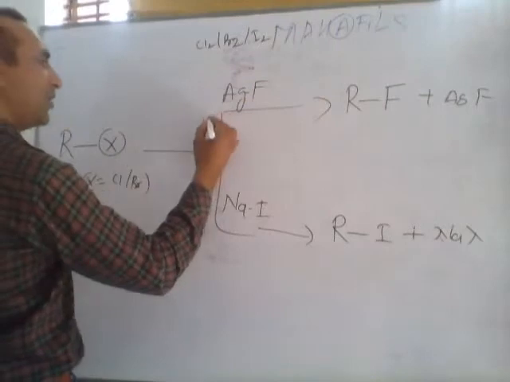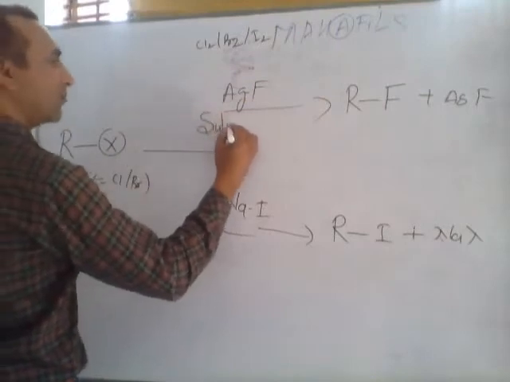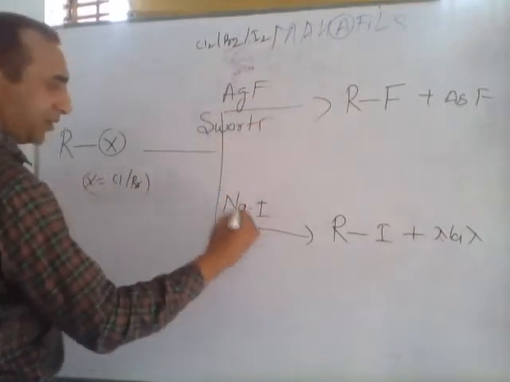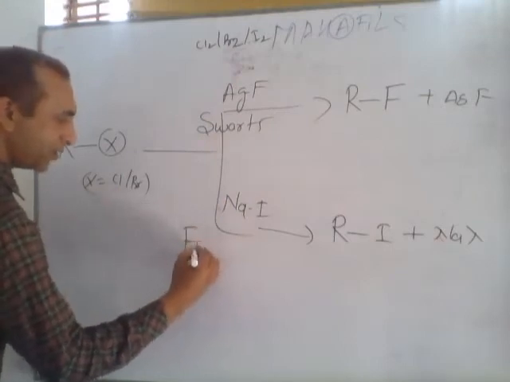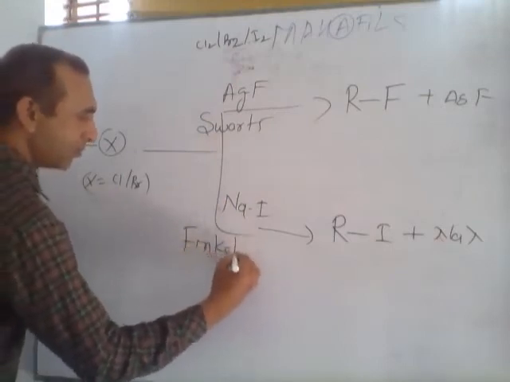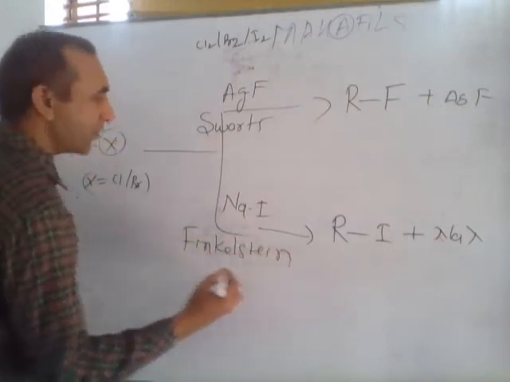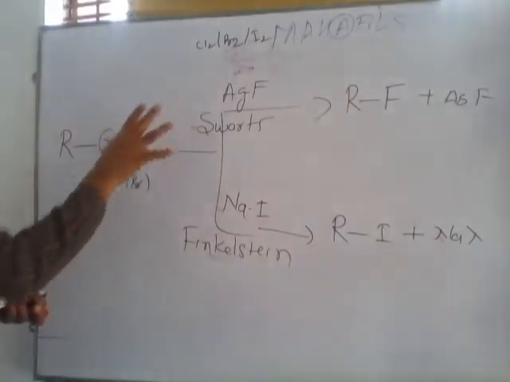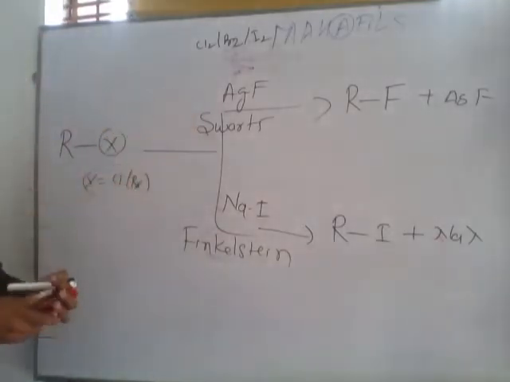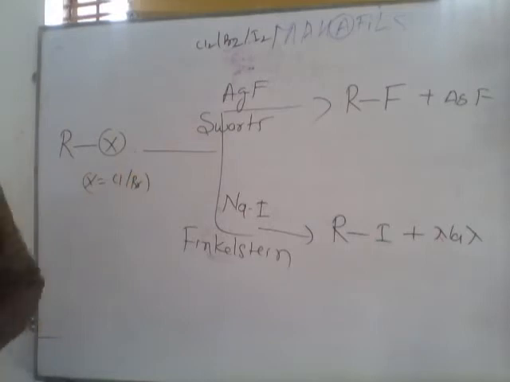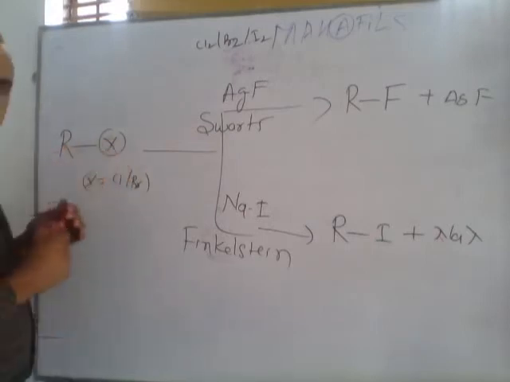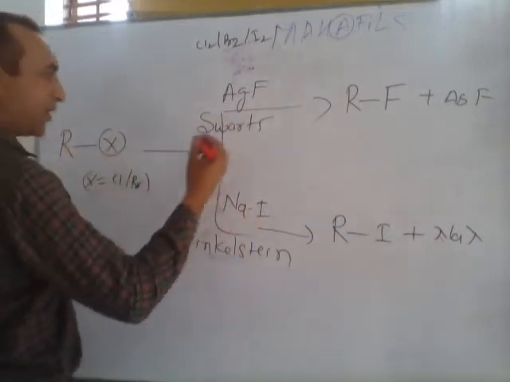The first reaction is called Swarts, and the second reaction is called Finkelstein. These two are halogen exchange reactions. So how can we remember them?